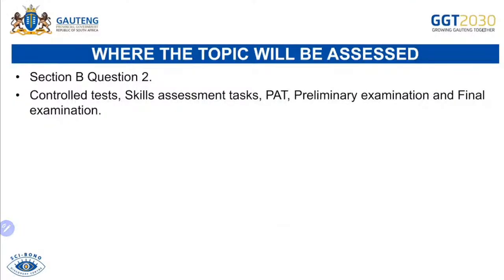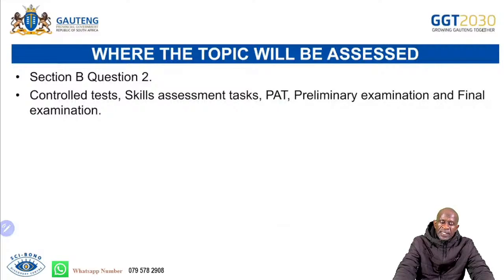Where will the topic be assessed? The topic forms section B of your question paper, and you'll come across questions on question 2 and also in question 1, short questions. You'll be asked questions relating to time zones also on controlled tests, skill assessment task.